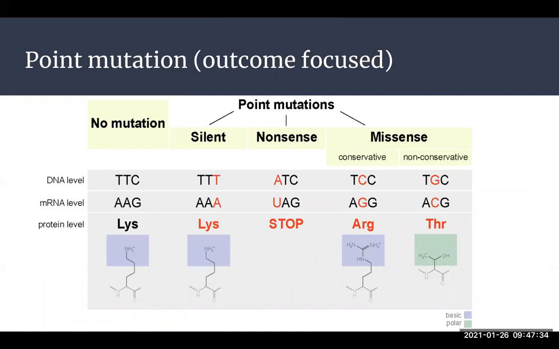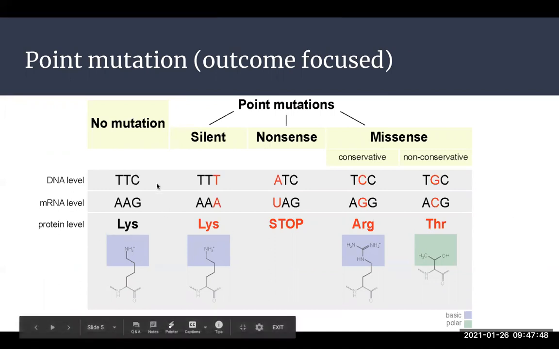In terms of point mutation, you can also classify it in terms of outcome. We talked about classifying in terms of the mechanism. Now we focus on the outcome itself. If you don't have mutation, this is a normal codon and then a normal amino acid.